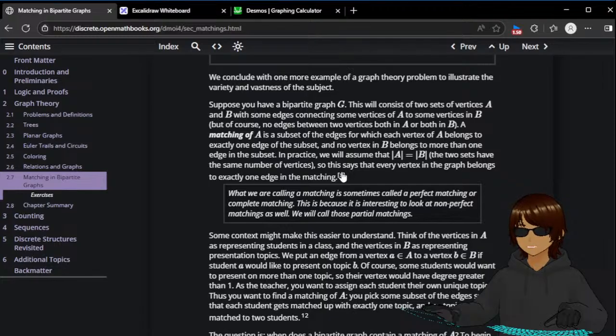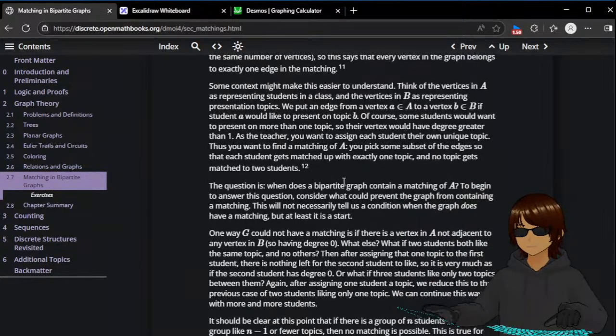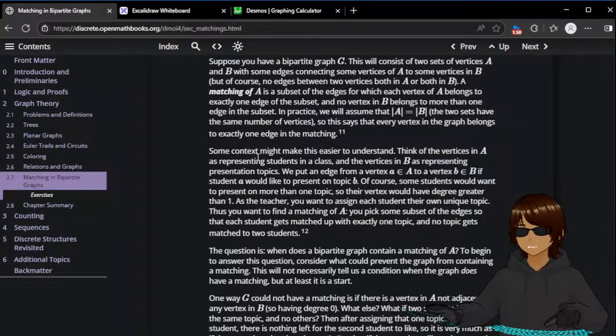What we are calling a matching is sometimes called a perfect matching or a complete matching. This is because it is interesting to look at a non-perfect matching as well. Some context might make this easier to understand. Think of the vertices in A as representing students in a class and vertices in B as representing presentation topics.